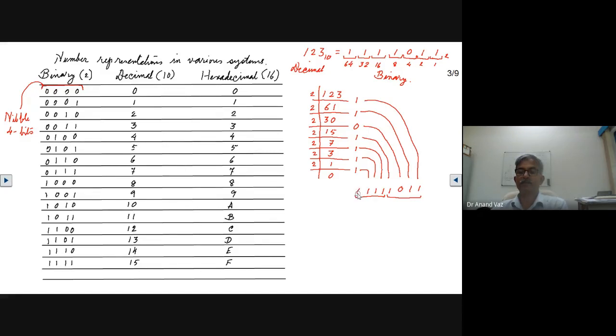So here you have the nibble on the right is the lesser significant nibble, and the nibble on the left is the more significant one.